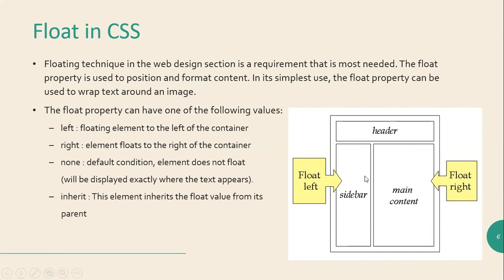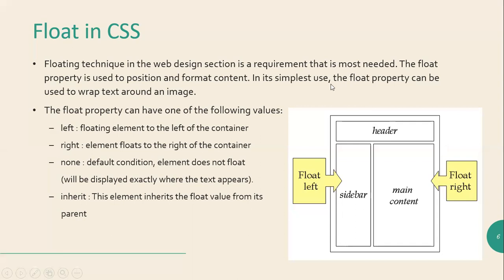Usually if you have content, you maybe will add a sidebar like this. If we are using float, our sidebar and the main content can be side by side, and you don't need to add something like a table. We just need to use a div tag and add the float property.